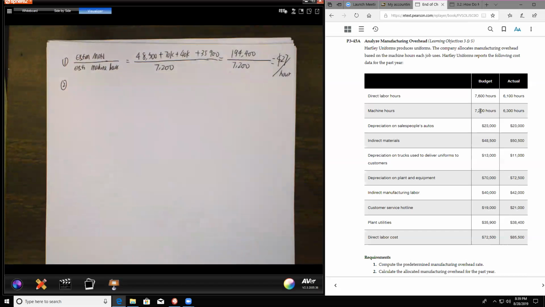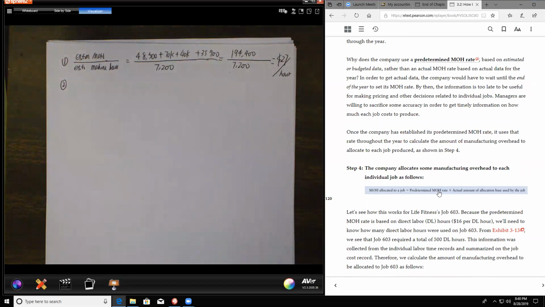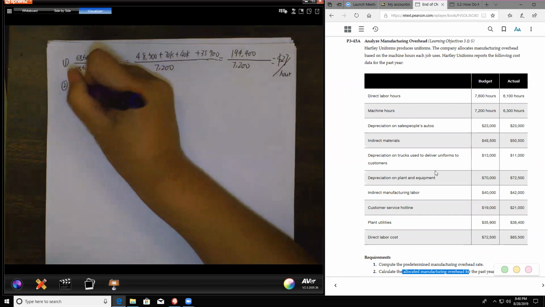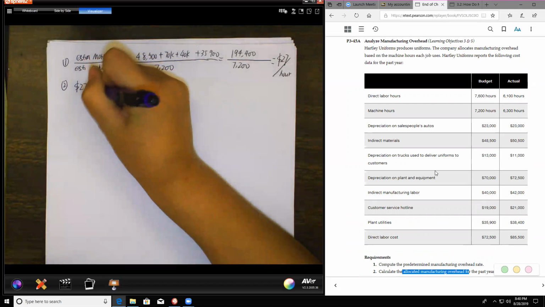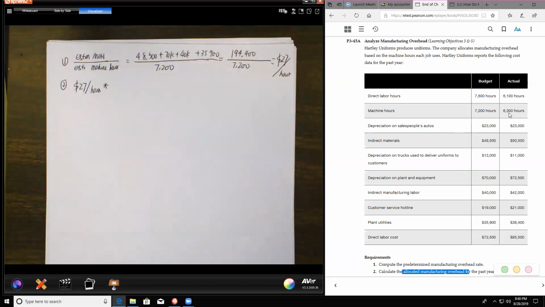Second part, asking us about allocated manufacturing overhead, right? We said that when we allocate, you use the predetermined rate times your actual base. We already got this is 27 per machine hour. And what's the actual machine hour we used?